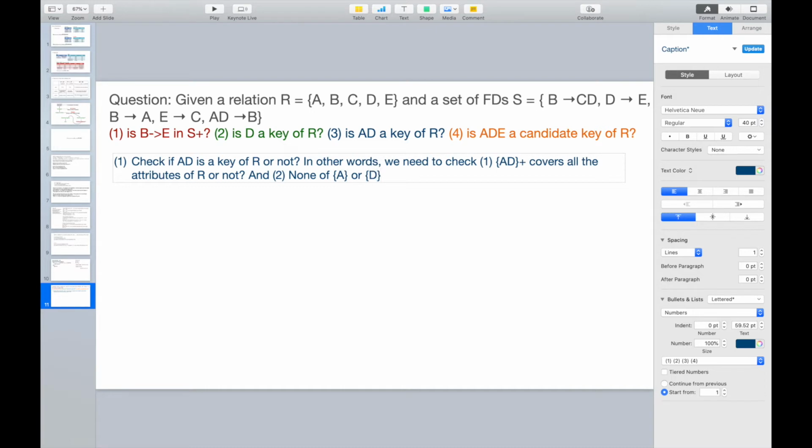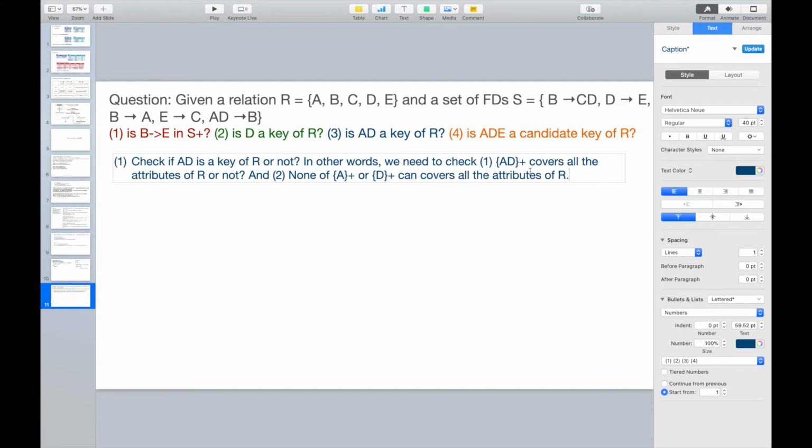None of A or D can be the super key. Or, none of A closure or D closure can cover all the attributes of the relation.